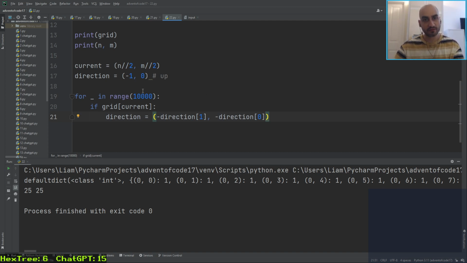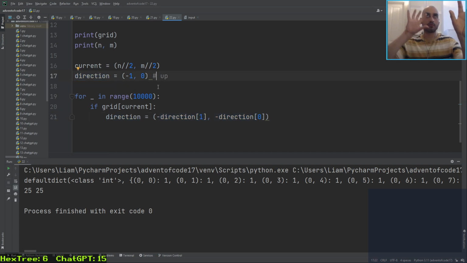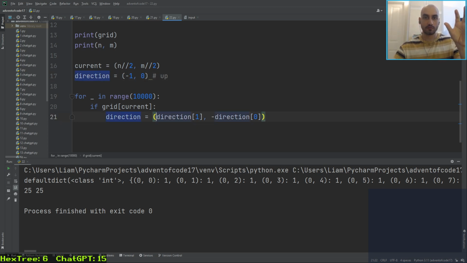So does that work? If it was starting at minus 1, 0, we now go to 0, 1. That works for that. Then if we do that again, no. We want to now go from 0, 1 to 1, 0. I'm going to take that minus sign off.